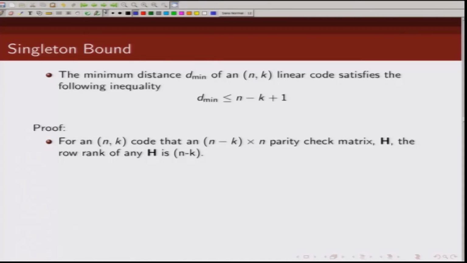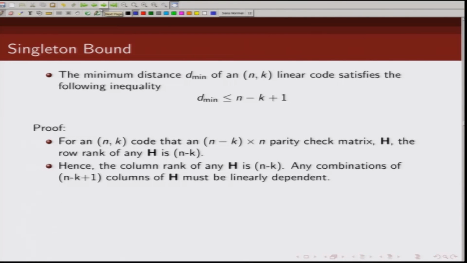Now, how do we prove this? For an (n,k) linear block code, we have an (n minus k) cross n parity check matrix. And what is the row rank of the parity check matrix? That is n minus k.